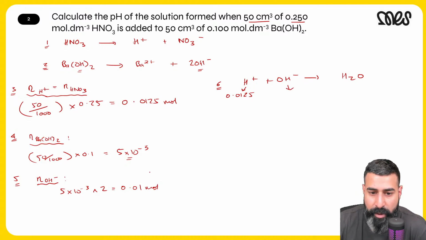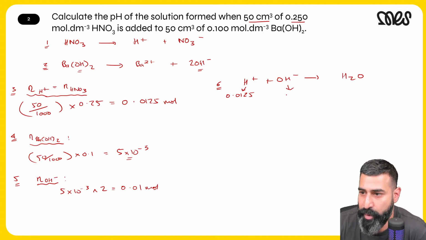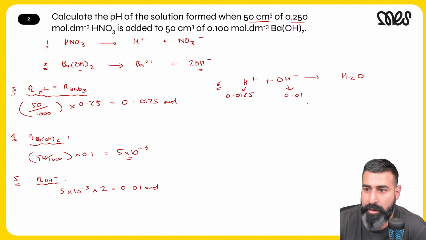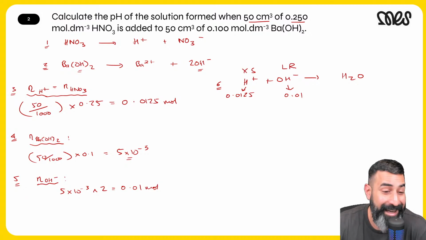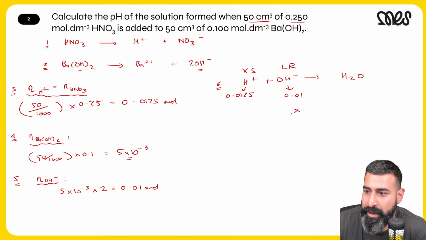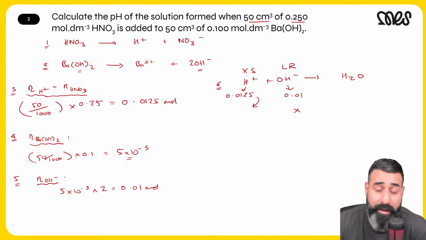I know the number of moles of hydroxide ions, it's 0.01. Which one's in excess? Which one's limiting? H plus is in excess. OH minus is limiting. Good. So at the end of the reaction, there's going to be nothing left of that, because the limiting reactant all gets used up.